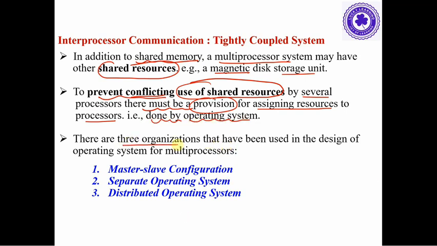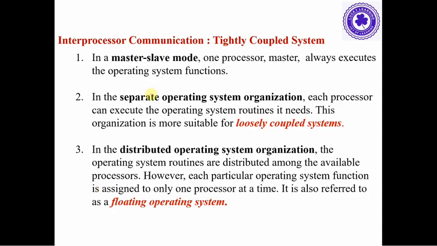There are three organizations that have been used in the design of operating systems for multiprocessors. The three designs are the master-slave configuration, separate operating system, and distributed operating system. In the case of master-slave mode, one processor acts as a master and always executes the operating system functions, and the remaining processors execute other programs.